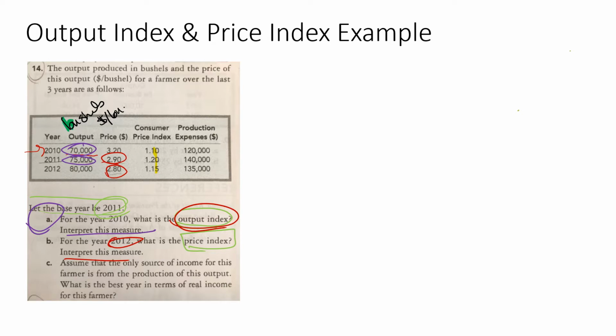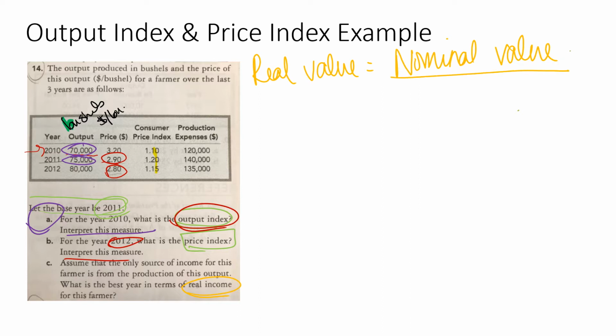What is the best year in terms of real income? So we're going to have to recall this equation. Real value equals nominal value divided by CPI. Okay, and we have the CPIs here for all those years.